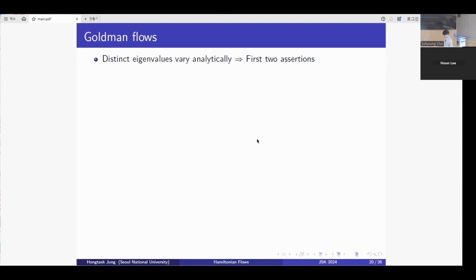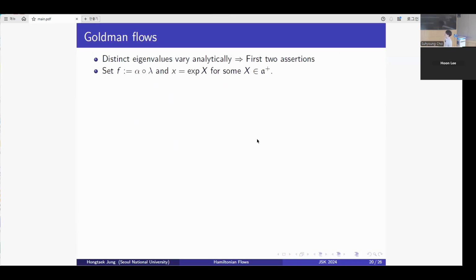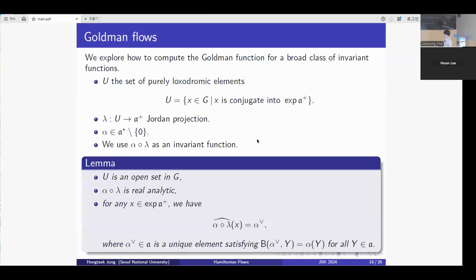Because these eigenvalues vary analytically, we have the analyticity of this function. So we only have to show this last fact.